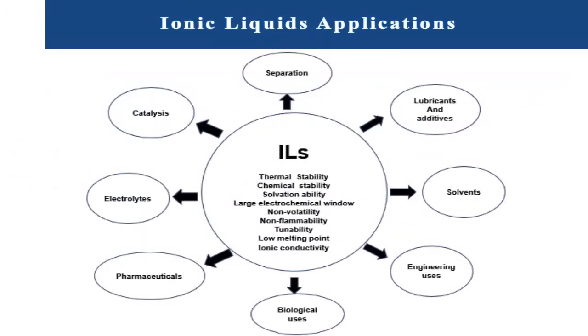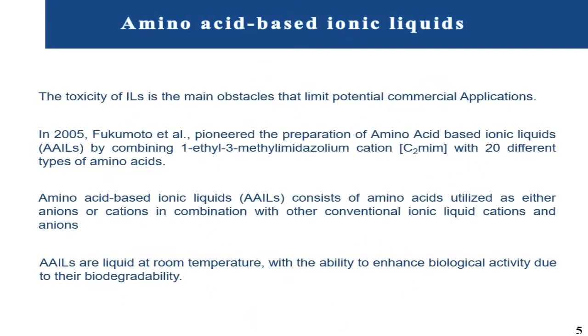When it comes to application, they are importantly applied for separation, catalysis, electrolysis, pharmaceutical, biological uses, chemical engineering uses, solvents, and lubricants, based on their thermal and chemical stability, solvation, large electrochemical window, non-volatility, low melting point and ionic conductivity properties.